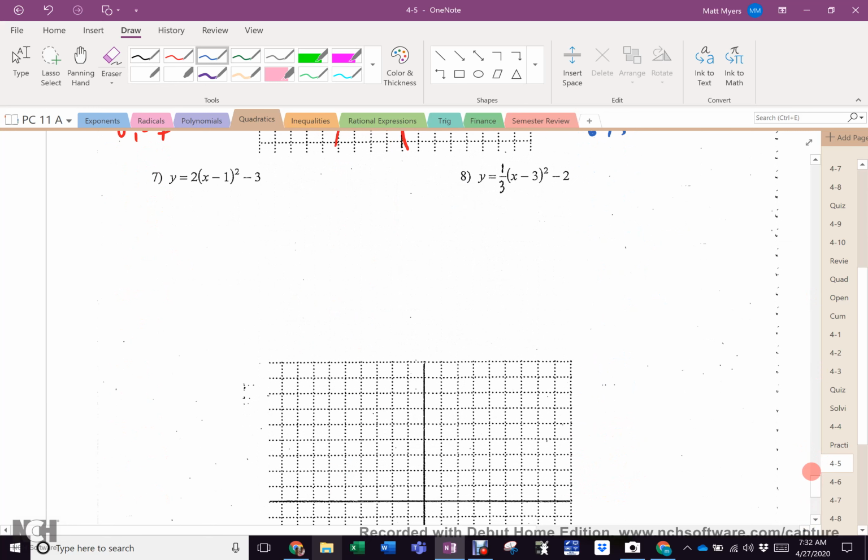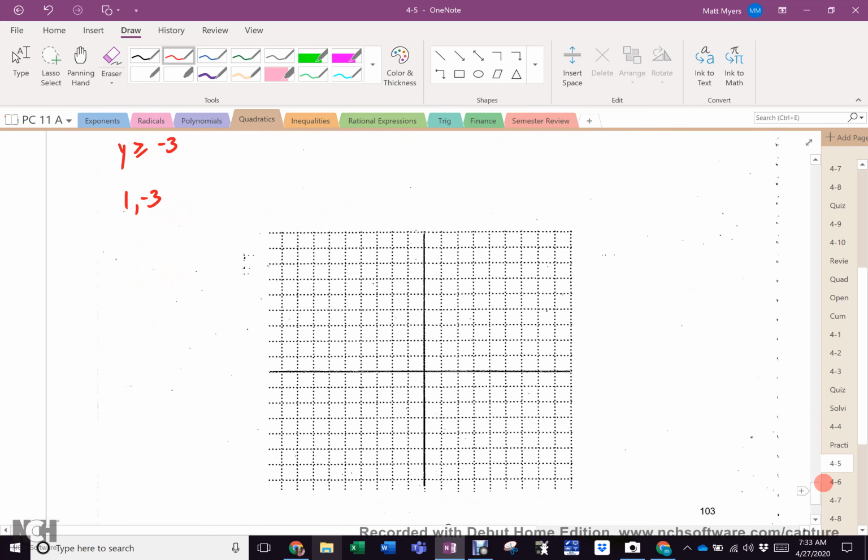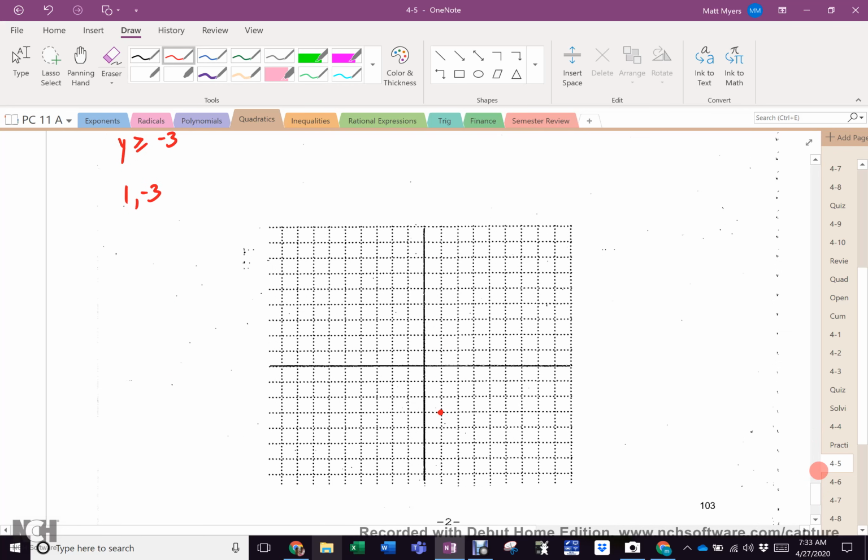And finally, the last two. Vertex equals 1, -3, x equals 1. That's a minimum, so y is greater than or equal to -3. 1, -3. Let's graph it. 1, -3. Its stretch is 2.